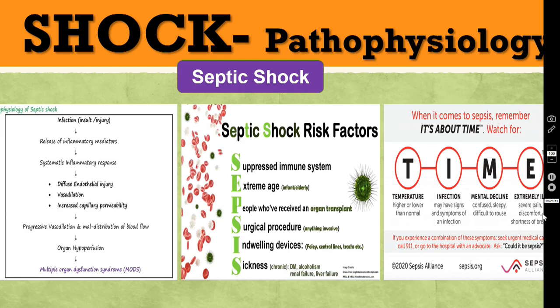They are in severe pain and severe discomfort, with shortness of breath. So all these things are features of sepsis. These are all the clinical features. For risk factors, you have to remember the mnemonic SEPSIS, and for the clinical features, you have to remember the mnemonic TIME.